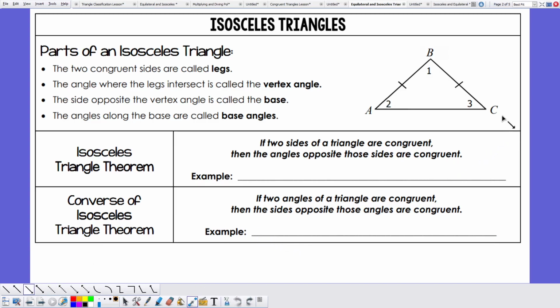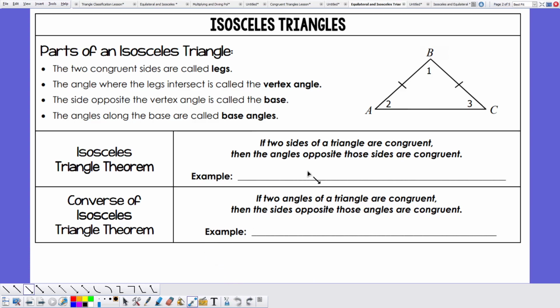Now, if I draw a line through C, it crosses through the side AB. That means the angle at C is opposite to the side AB. And if I draw a line through the angle at B, it hits the side AC, so the angle B is opposite to AC.